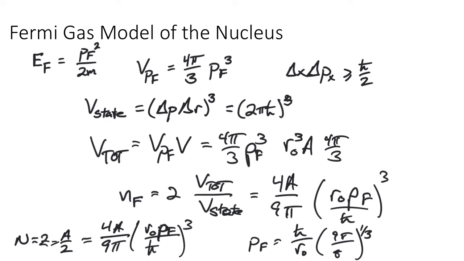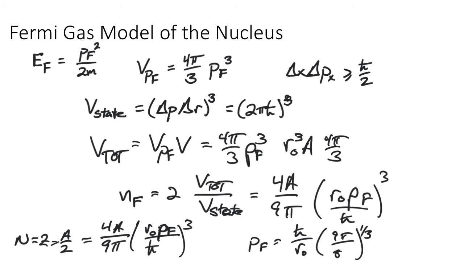So notice when we do that, the momentum is independent of A because the volume grew with A and we then divided out the A.